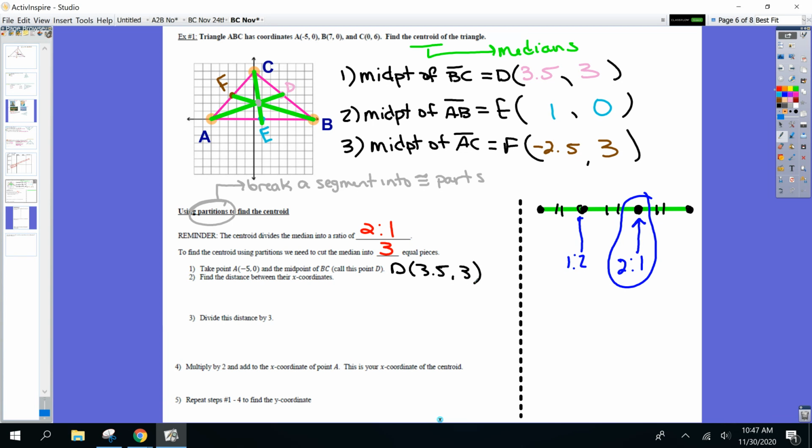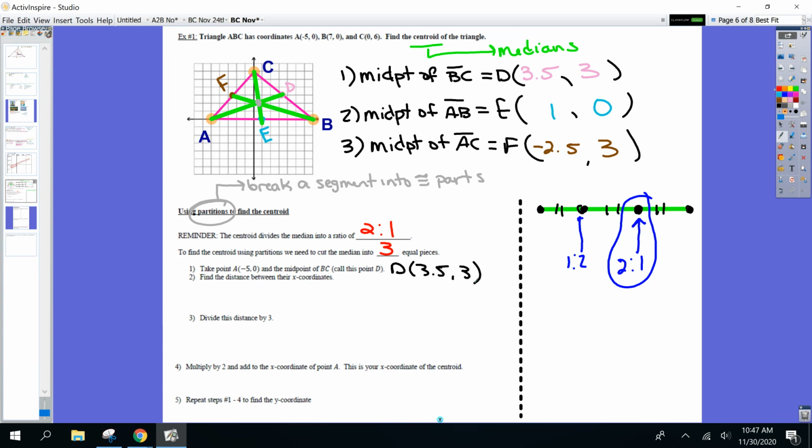Does everybody see the two x coordinates on A and D? -5 and 3.5. What is the distance between the two? And you don't need distance formula. Think of yourself on the x-axis.